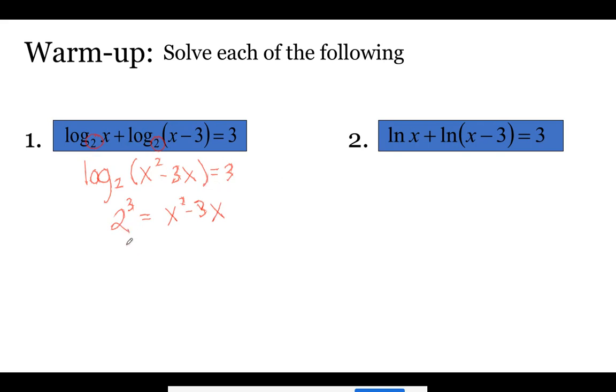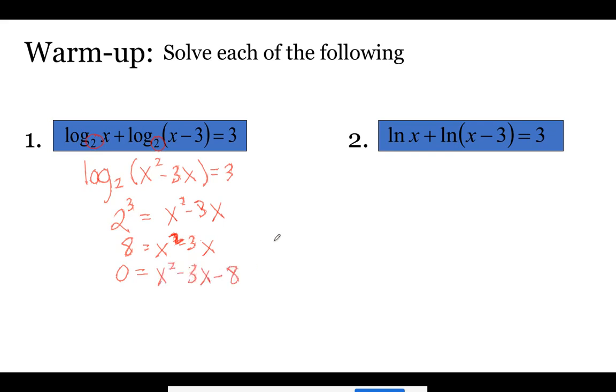Which then allows me to say this is 8 equals x squared minus 3x. So I've got x squared minus 3x minus 8.